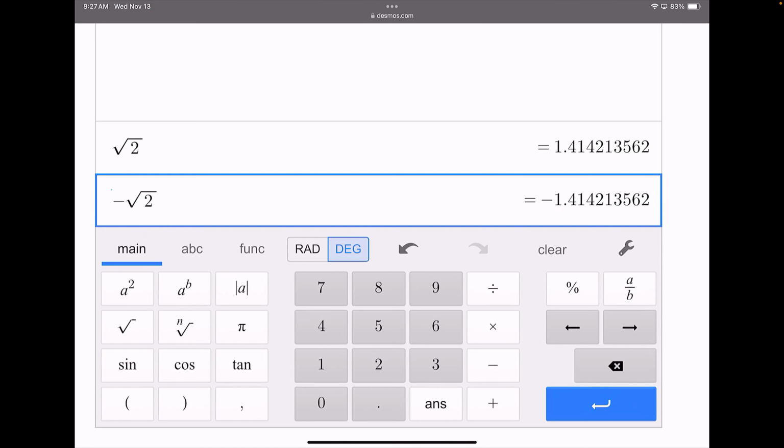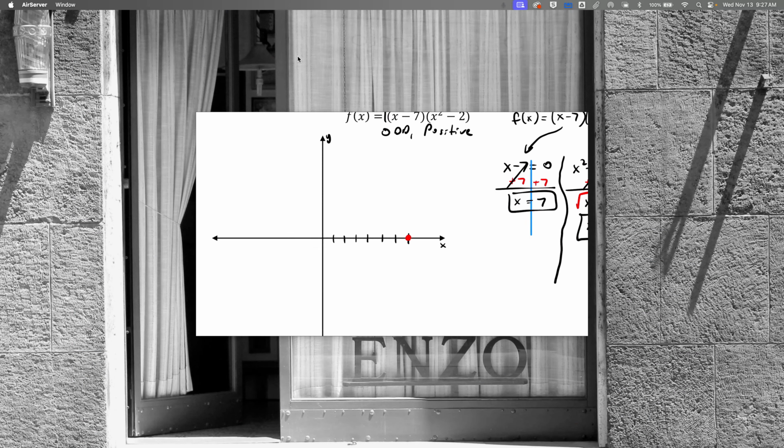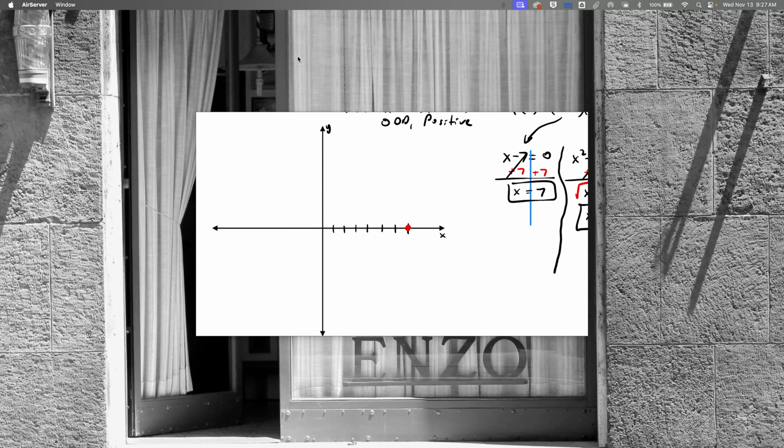Negative square root of 2 is about negative 1.5. So it's going to be between 1 and 2 or negative 1 and negative 2. That's where we're going to make our other 2 dots. So one of them, between 1 and 2, right about there. The other one, between -1 and -2, right about there.